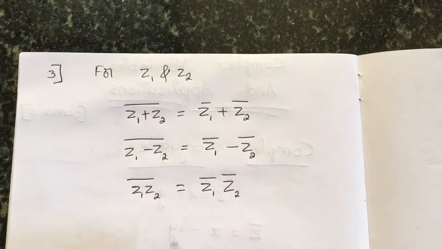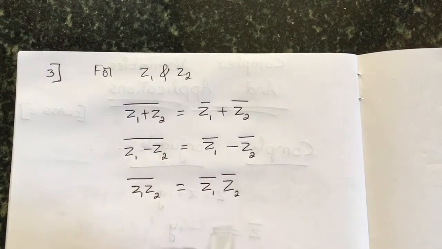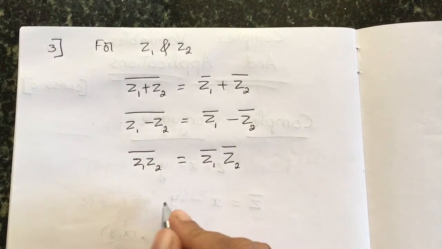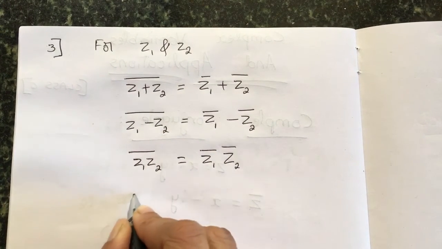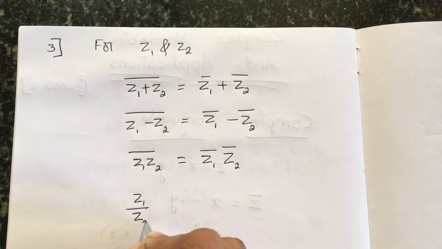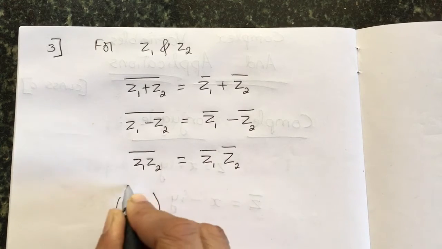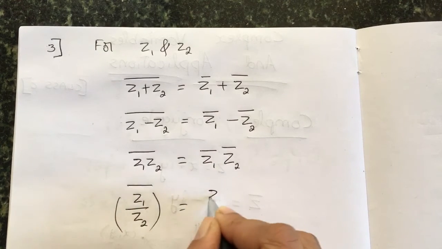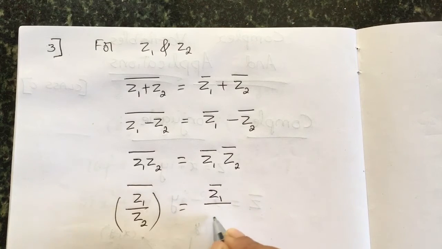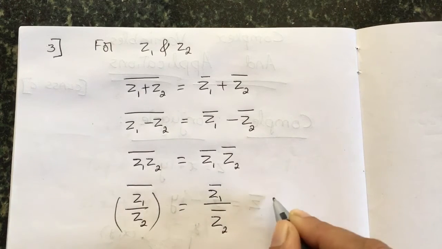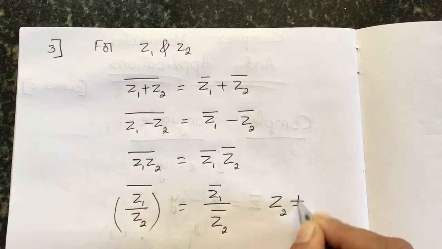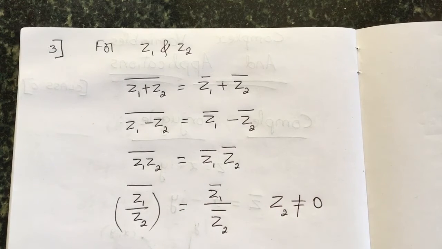And one more I'll list out first, and then we'll go for the explanation. The conjugate of z1 by z2 is the same as z1 bar divided by z2 bar, provided z2 is a non-zero complex number.